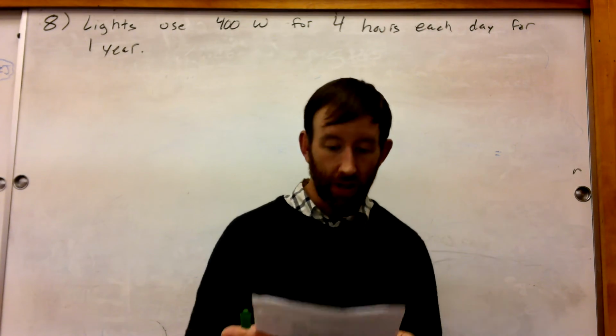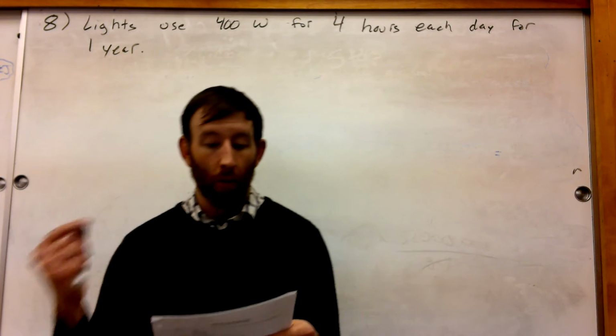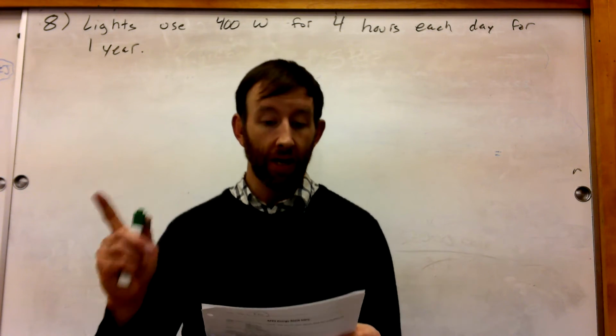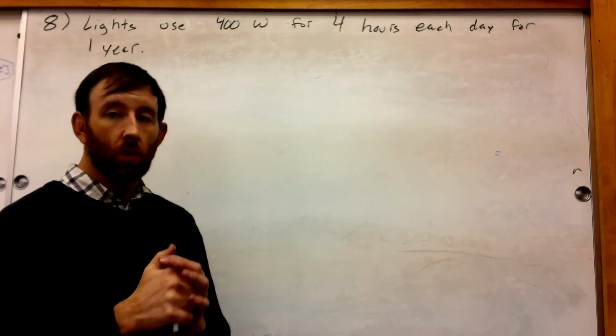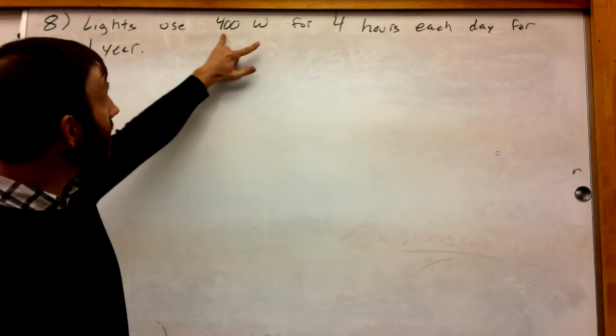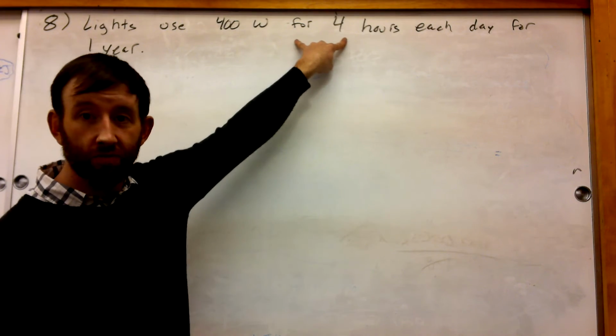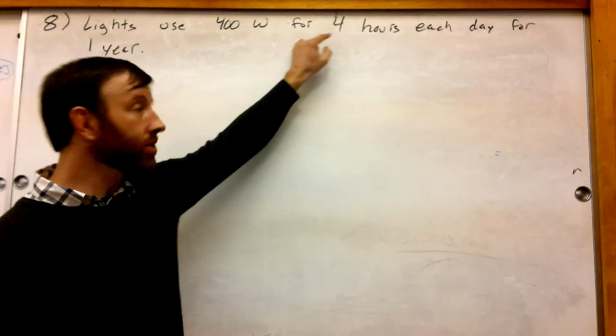So what we want to figure out is how many kilowatt hours per year does this represent. To get daily use, 400 watts times 4 hours will be watt hours.